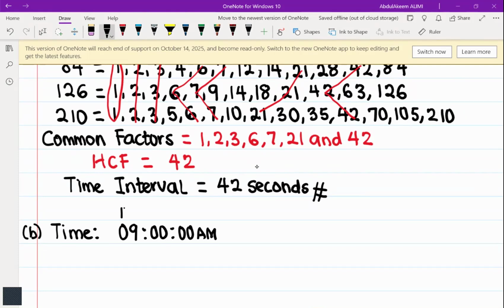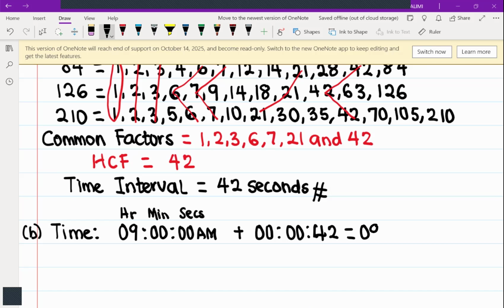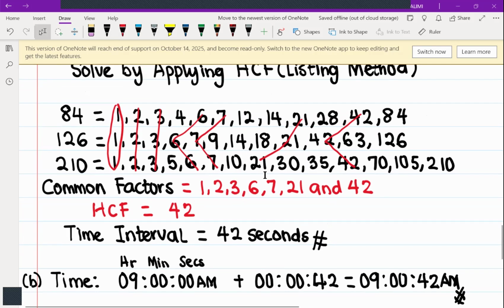This is hour, this is minutes, and this is seconds. So plus 00:00:42. So the exact time will become 09:00:42 AM. That's all. I believe with this explanation, it is well done.